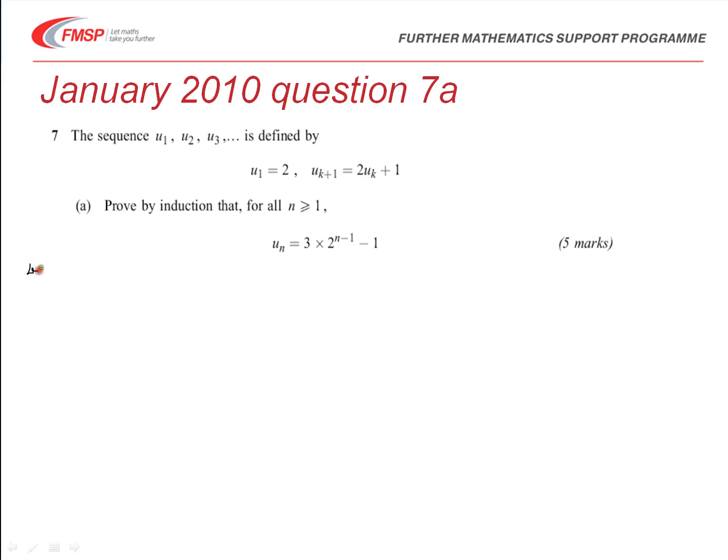Then u1 is equal to 3 times 2 to the 0, minus 1, which is equal to 2, which of course is the result that we required because the first term was supposed to be 2. Okay, so it's true for n equals 1.